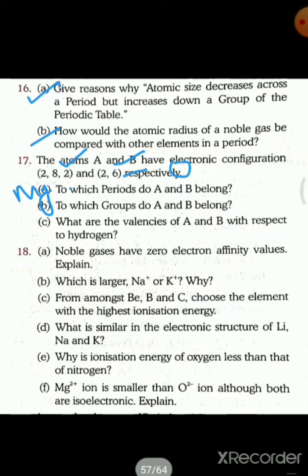So to which periods do A and B belong? A belongs to the third period, that is magnesium belongs to the third period, and B, that is oxygen, belongs to the second period.